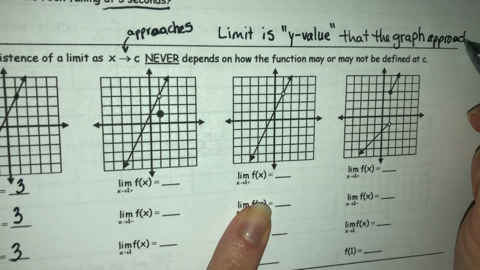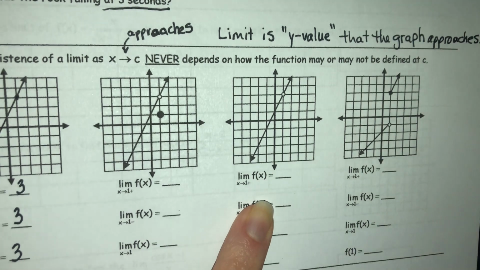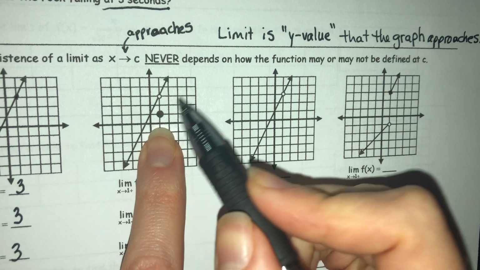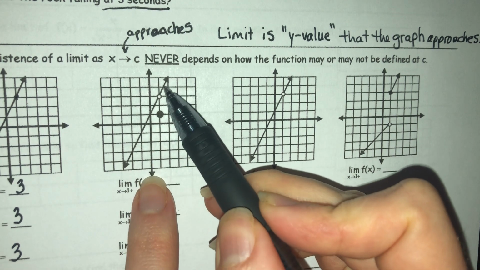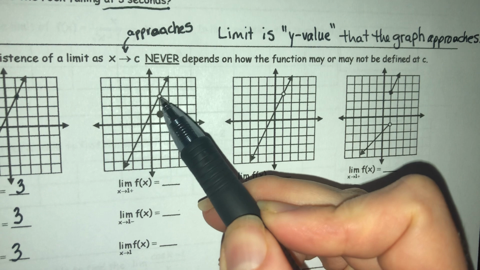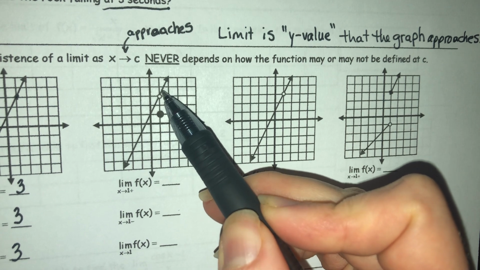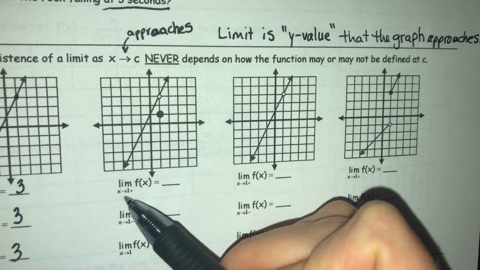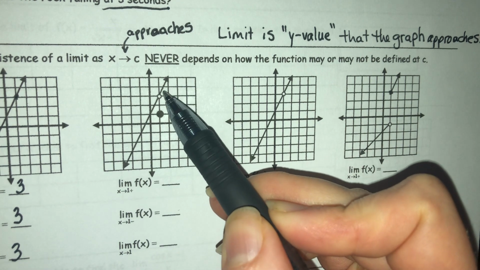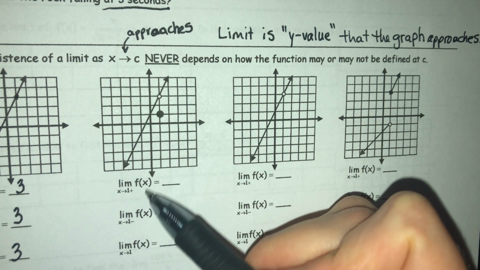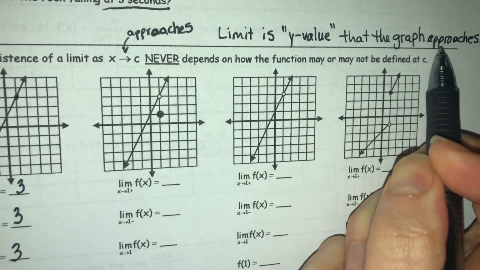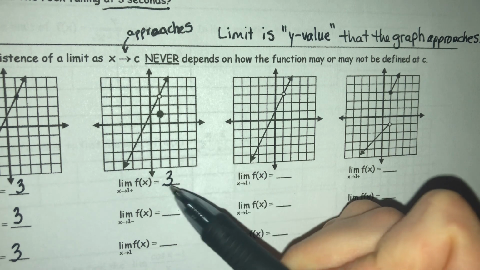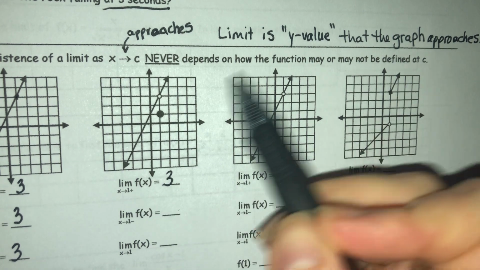So it doesn't actually matter when you're looking at a limit what the y value really is. Here the y value really is 1. It's not approaching 1 though, it's approaching 3. It's getting close to 3. It's like, oh, I'm close, I'm close, I'm really close to 3. As my x slides in towards 1 from the right hand side, the value of the function looks like it is approaching 3. So even though it's actually 1, it is approaching 3.